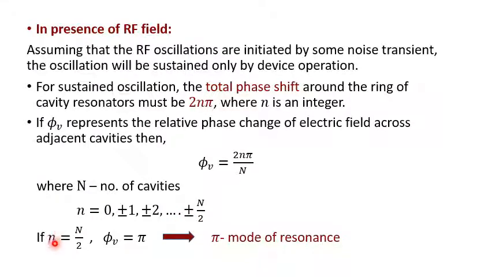Now if the integer n takes the value N/2, then the phase change between the adjacent cavities, φv, will be equal to π. This means that the anode poles are π radians apart in phase.